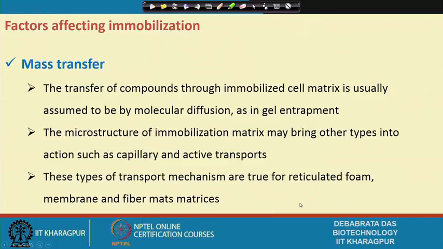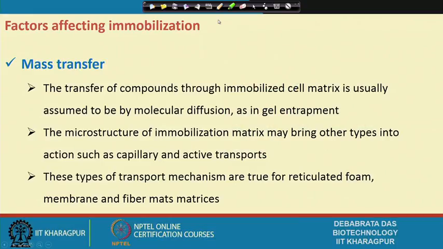Now, mass transfer: as I told you previously, as soon as you immobilize the cell, a mass transfer limitation problem takes place. Since the system contains two phases, liquid and solid, the substrate has to diffuse from the liquid to the solid surface, and when the product is formed, it has to diffuse from the surface back out. I am not going into details, you can go through that.